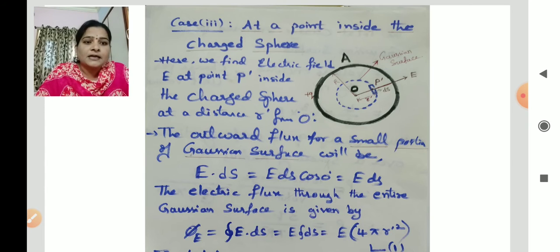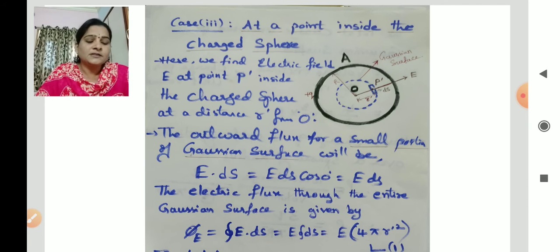Now the third case arises where our point P is inside the charged sphere. Our uniformly charged sphere is shown with black, and now the point has been shifted inside. Our aim is to find the electric field intensity at the new point, let me say P prime, shown in the figure. The Gaussian surface is now shifted to inside the charged sphere.